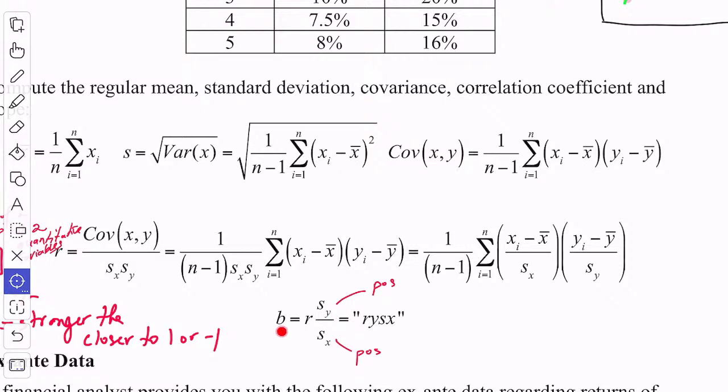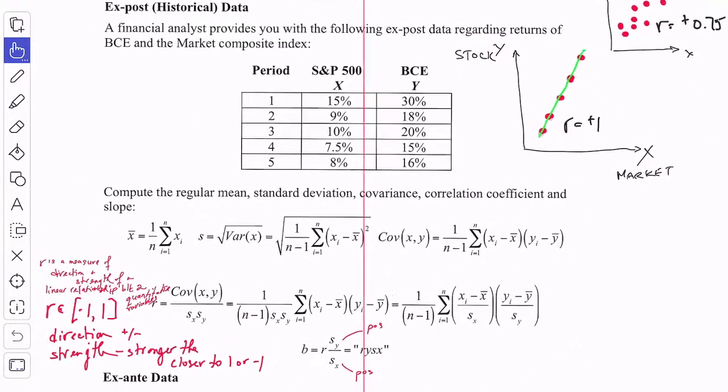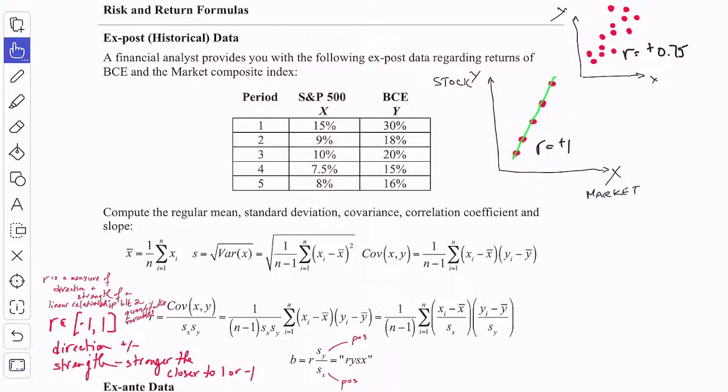So the returns on the stock relative to the market. So the higher the B, the more sensitive, which looks great when things are doing well, but what about when the market does poorly?